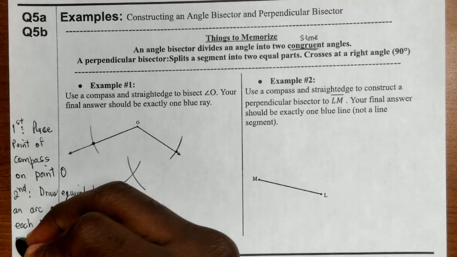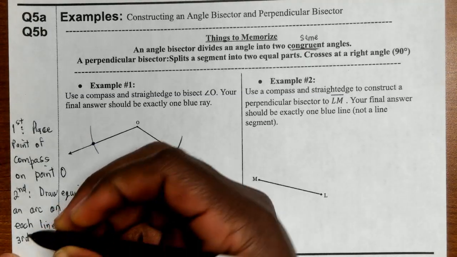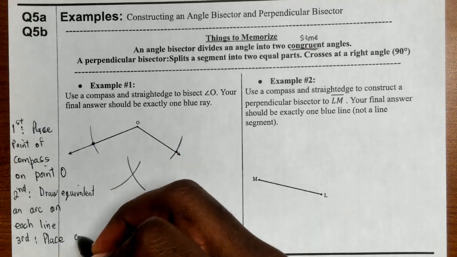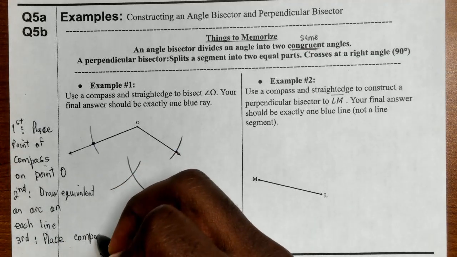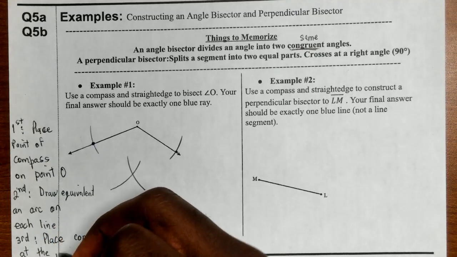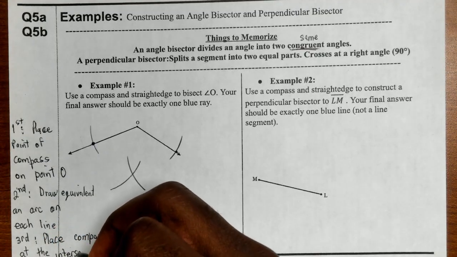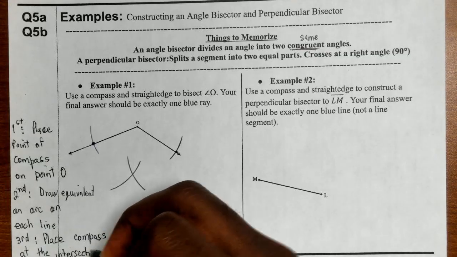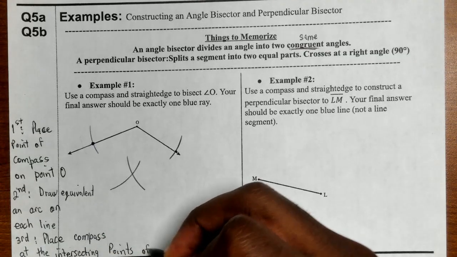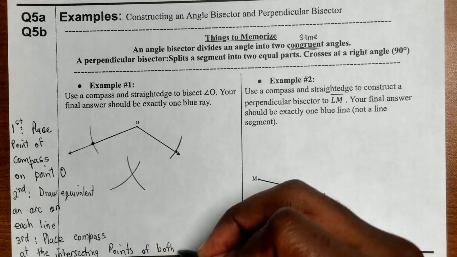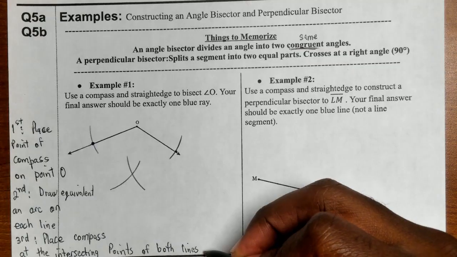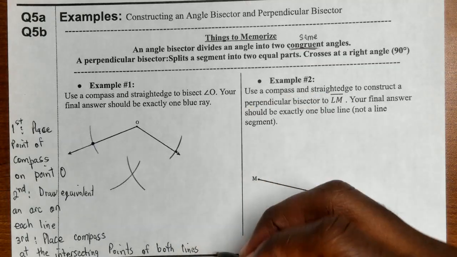Okay? So third, I would place the compass at the intersecting points of both lines, and draw arches in the center.